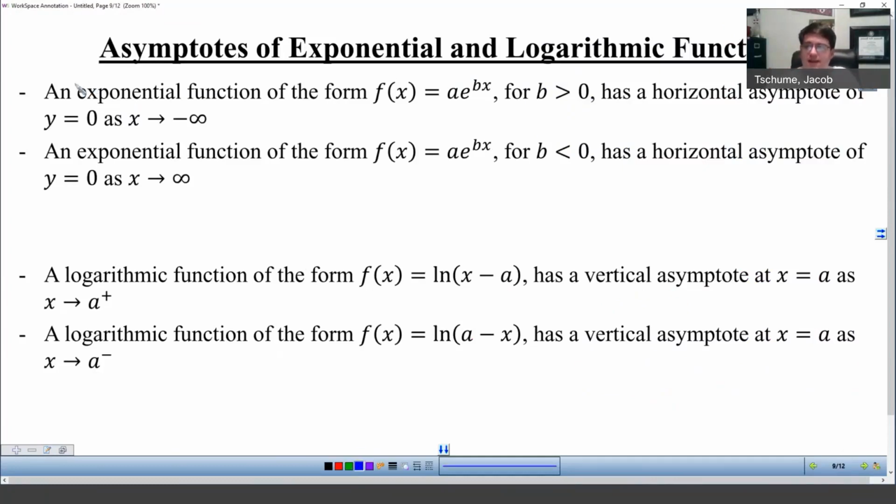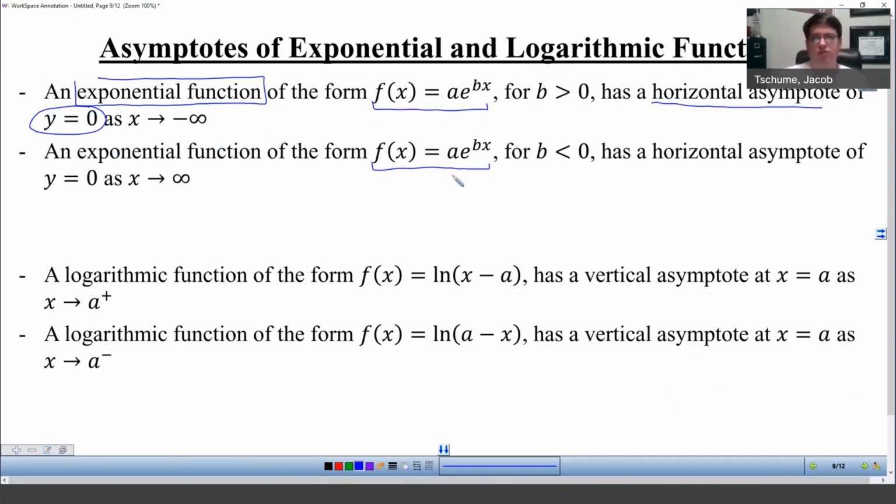The good thing is that if you work with an exponential function, and you can notice that both these rules are almost identical, you will always have a horizontal asymptote of y equals 0 every time. Unless there is some shift, and you can see that neither of these has anything being added or subtracted.